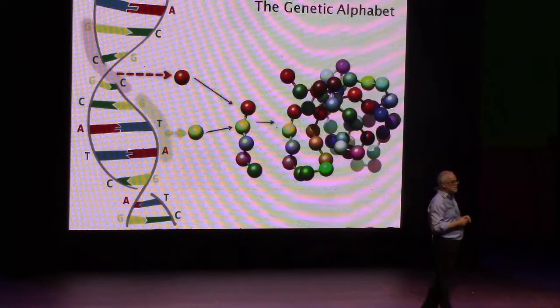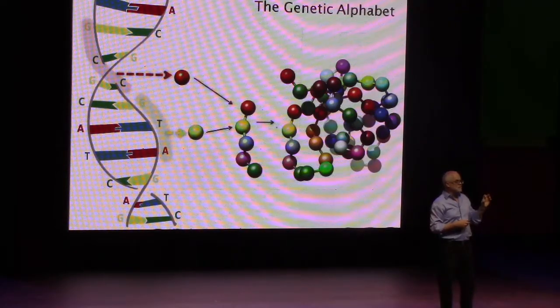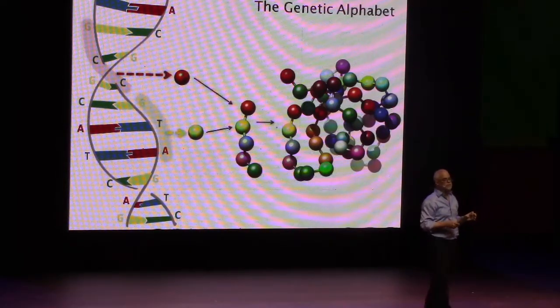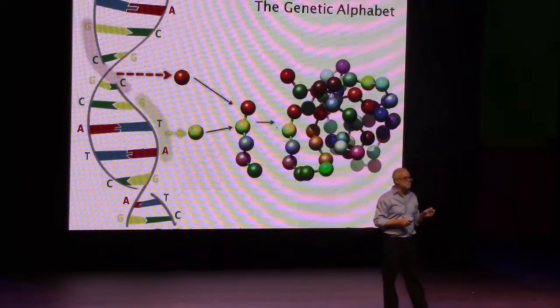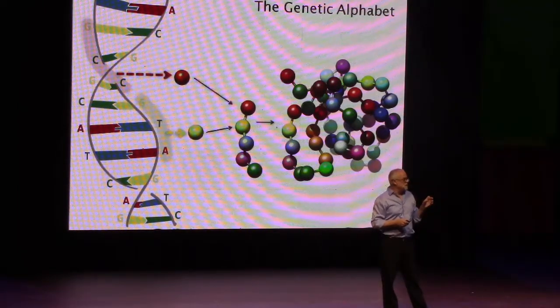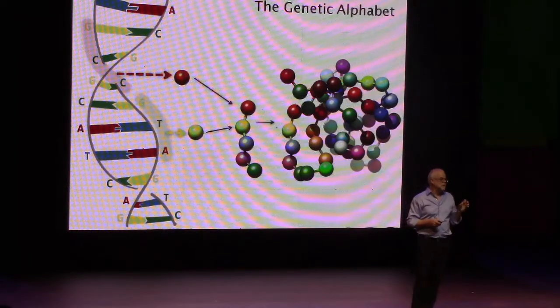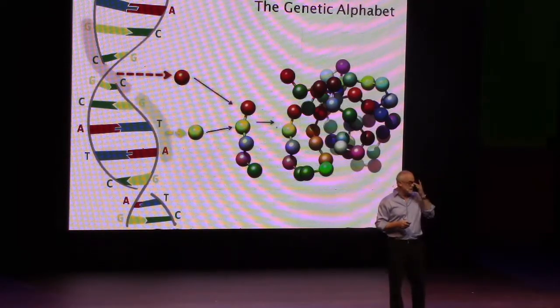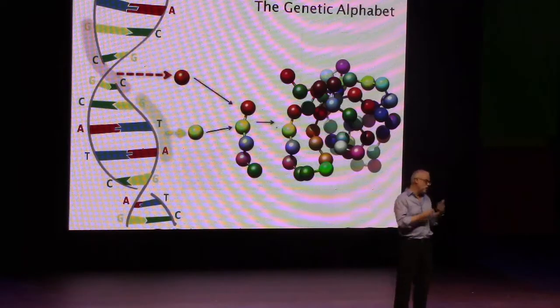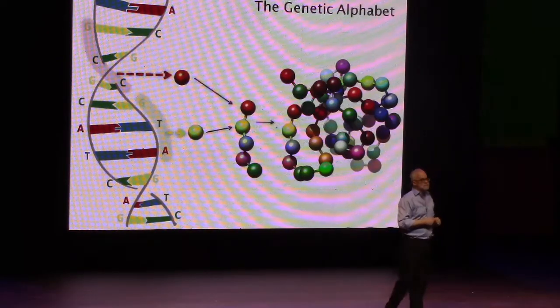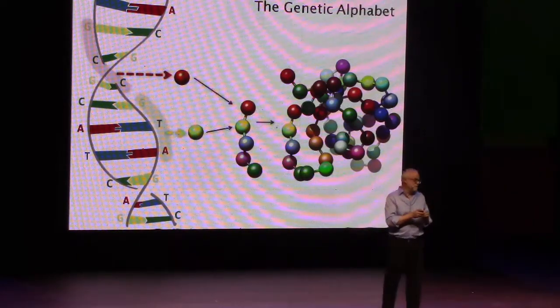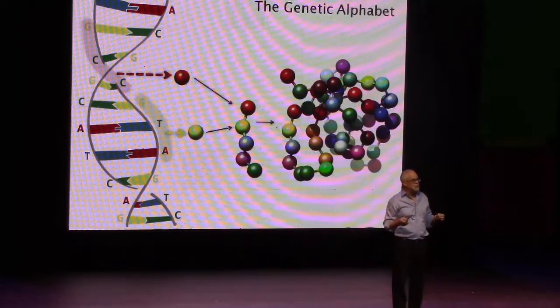The sequence of DNA is copied by those same base pairing rules into RNA, and then the letters in RNA are read in groups of triplets, in groups of 3 letters. Each group of 3 letters encodes a specific amino acid. In that way, those amino acids can be strung together to make proteins.